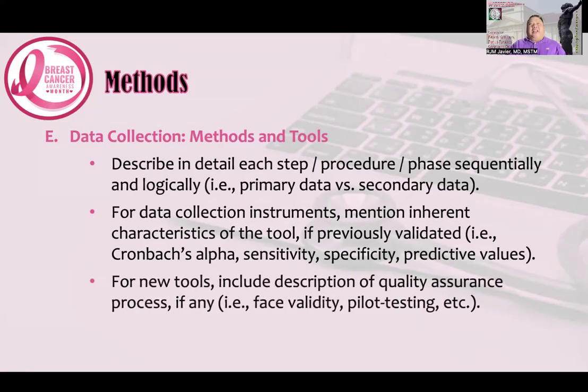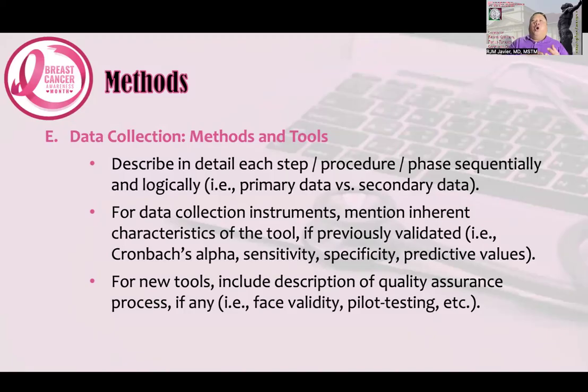Now, in the event that you are unable to identify previously validated questionnaires or previously validated tools, you can still utilize new tools. You can come up with your own questionnaire, provided you clearly state in your methodology how you will provide quality assurance with the use of your data collection tool.